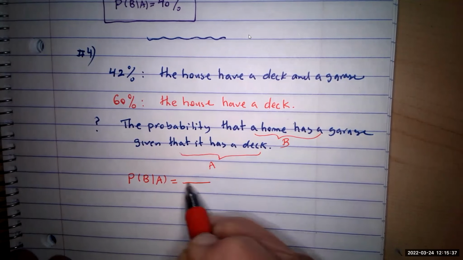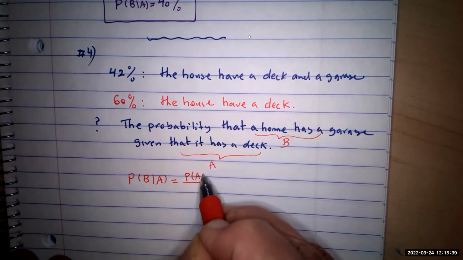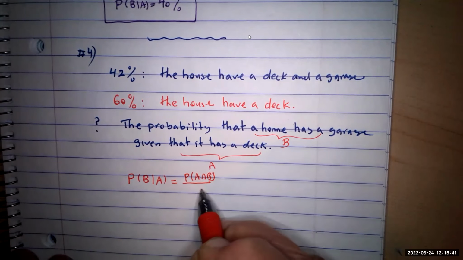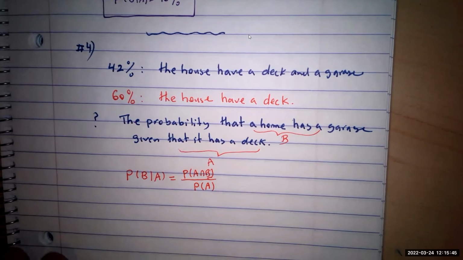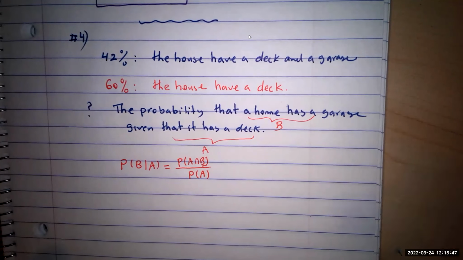So it's going to be probability of A and B divided by probability of the given one, which is A. And if you read the problem carefully, you find out that both numbers are already given to you. What's the top one?